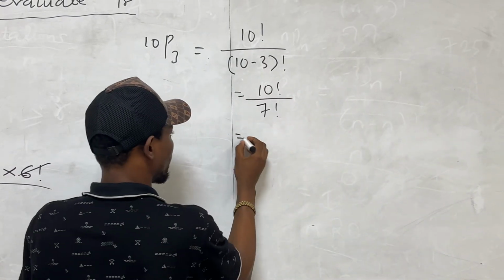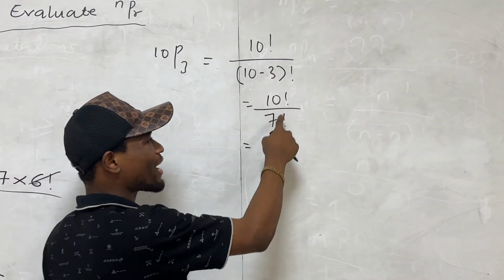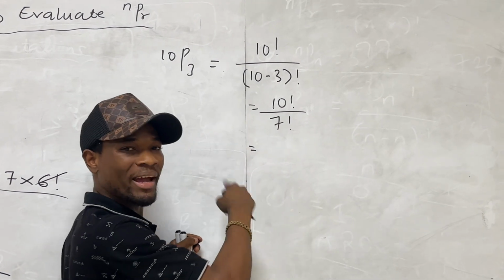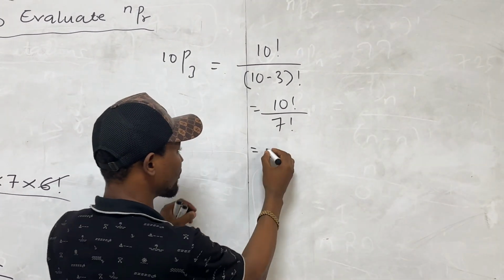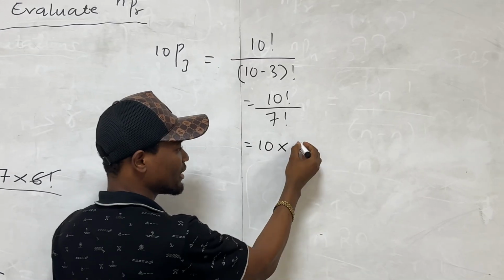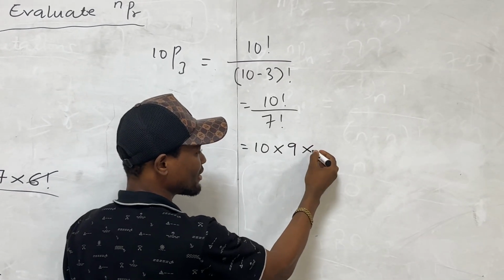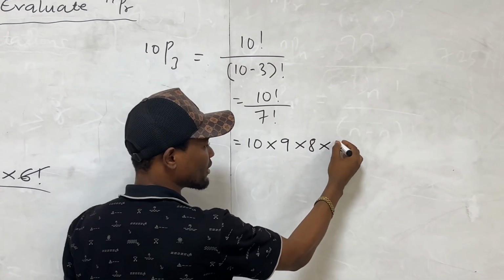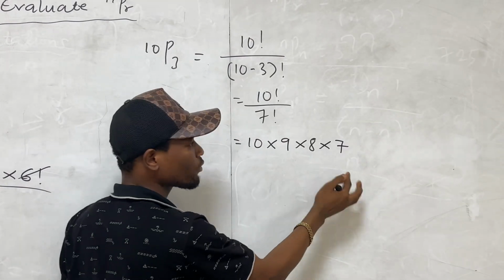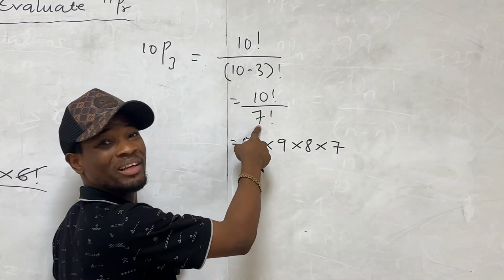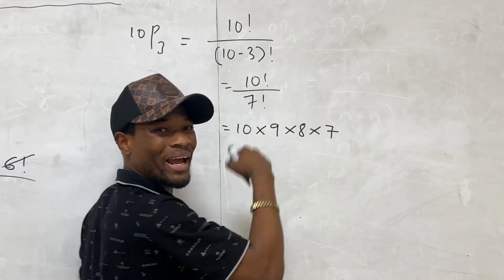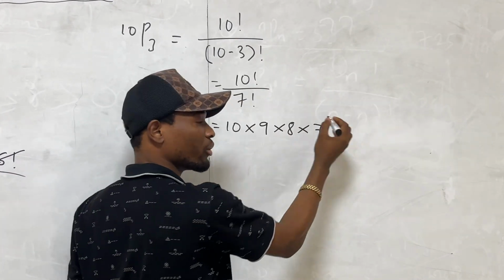Good. And we are going to expand 10 factorial. So we have 10 times 9 times 8 times 7, because this 7 is equal to the denominator 7 here, and I want to end at this point, I'll add my factorial.